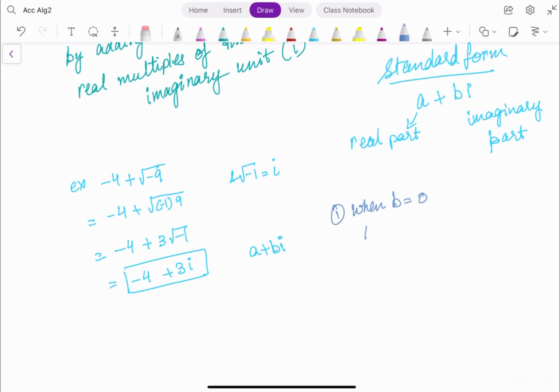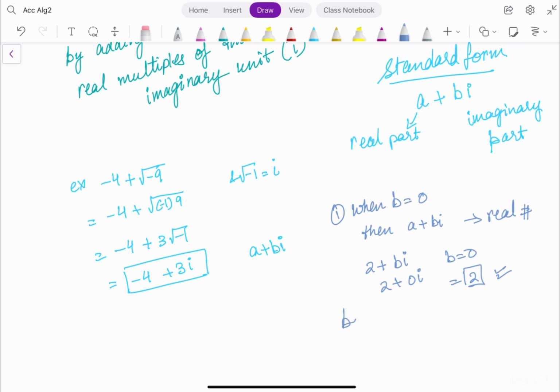Now let's take a few scenarios. What happens when b is equal to 0 in the standard form? When b is equal to 0, then bi becomes 0, so that is nothing but a real number. So you can write any real number in complex form by putting b as 0.